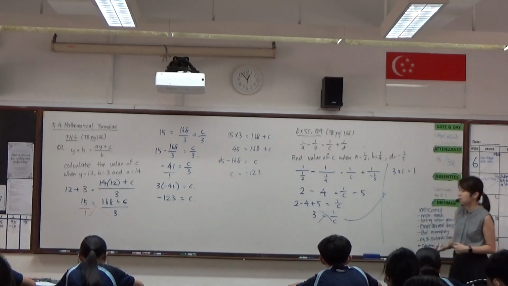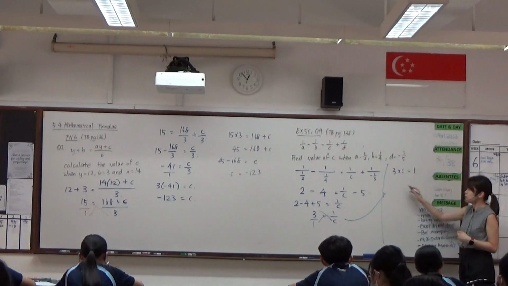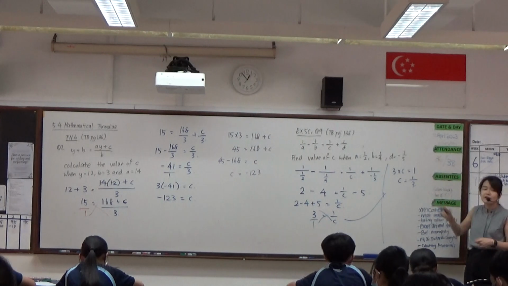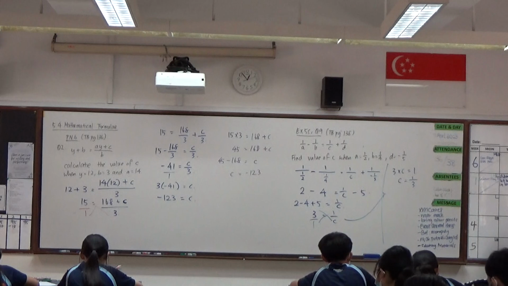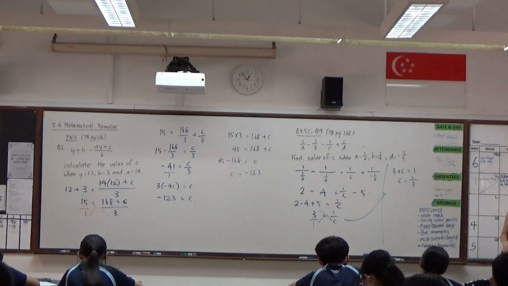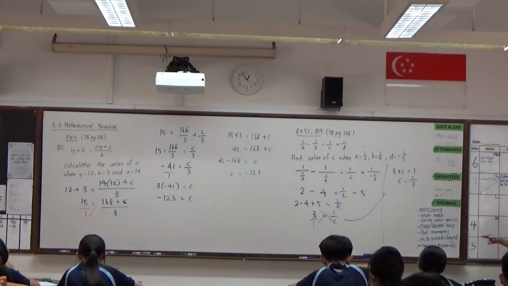Think about cross multiplying. It's 3/1. So 3 times C equals 1. In other words, C equals 1 divided by 3. Therefore, C equals 1/3. Questions?